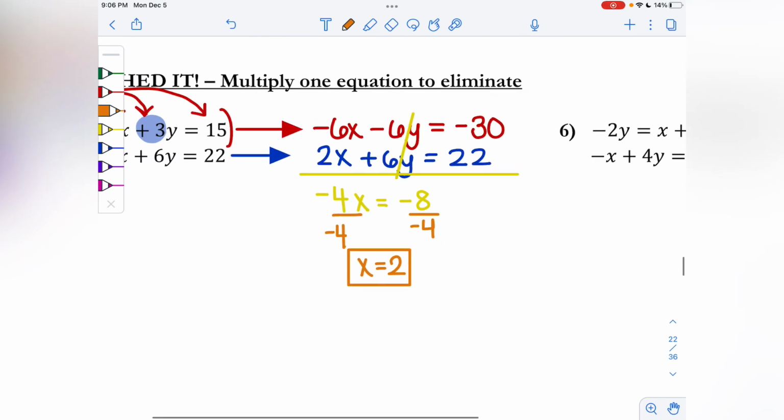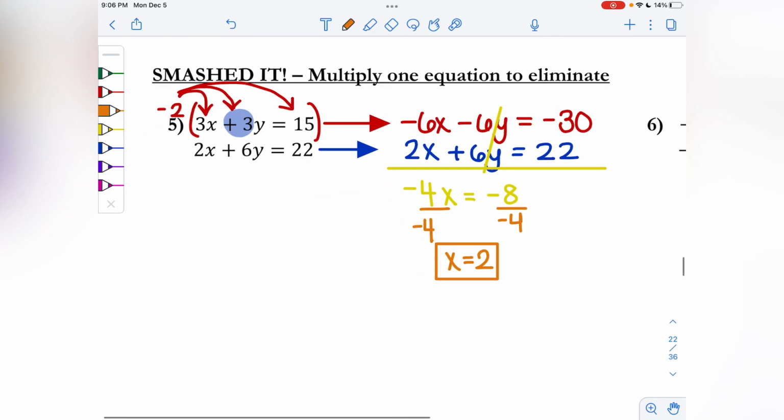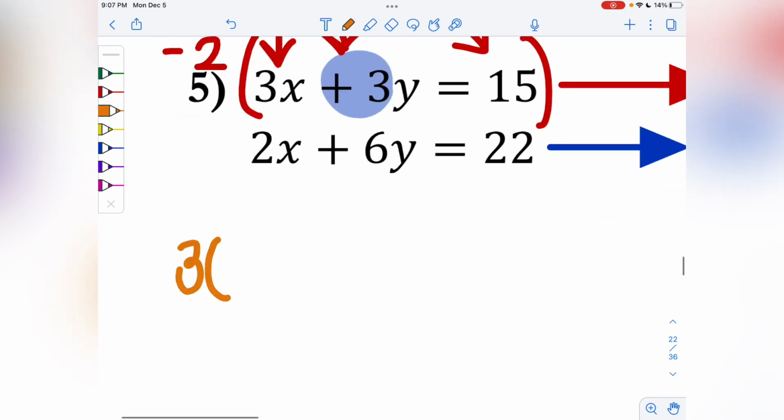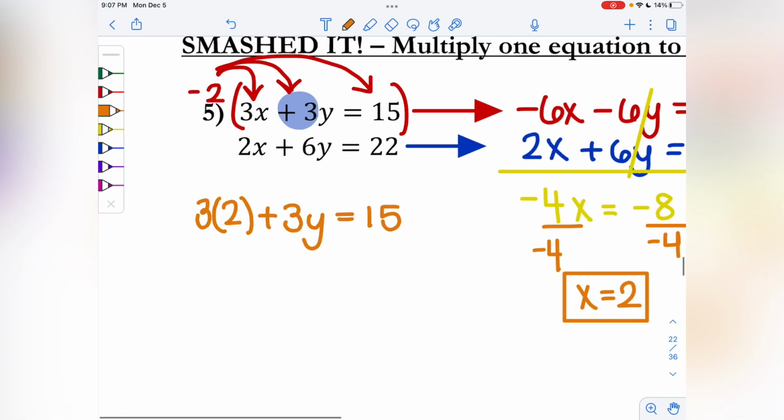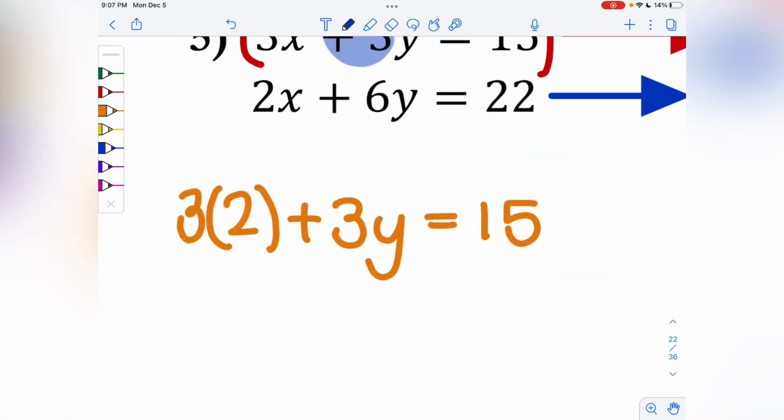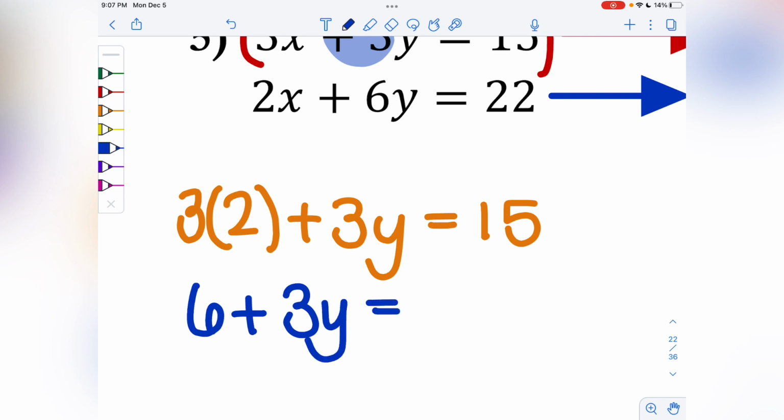Now we just have to go back and solve for y. You can plug into either one of these 2 equations, or you could plug back into one of the originals, which is what I suggest to do. I think the first one looks easiest. So that's 3x plus 3y equals 15, but now I know that x is 2. So I plug in 2 for x, and then that gives me 6 plus 3y equals 15.